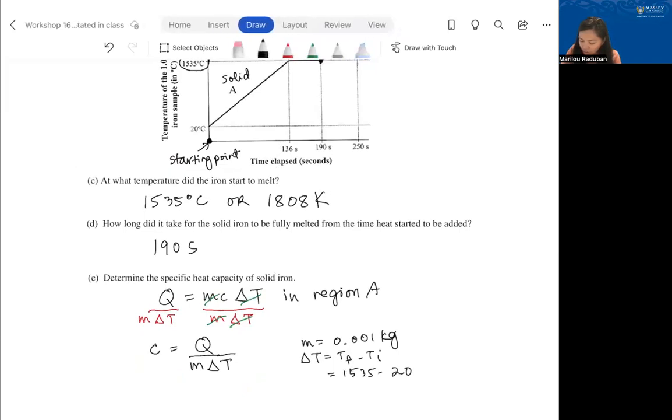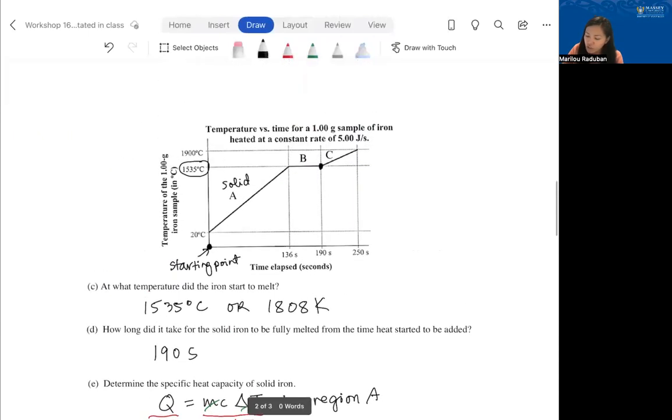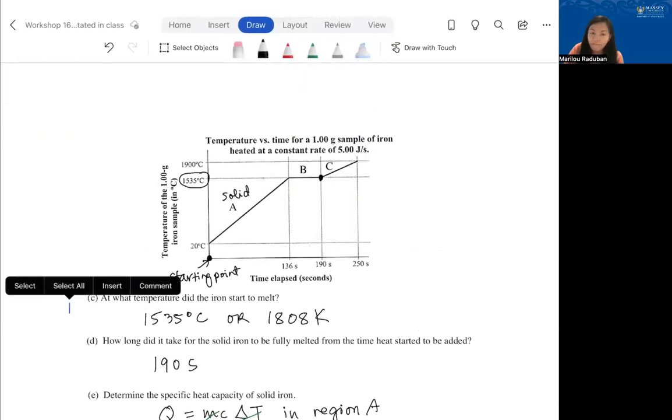1535 minus 20 gives you a change in temperature of 1515. Okay. Now to solve for the specific heat, you need to figure out Q, how much heat is added to iron. As I've mentioned earlier, 5 joules of energy is added every second.